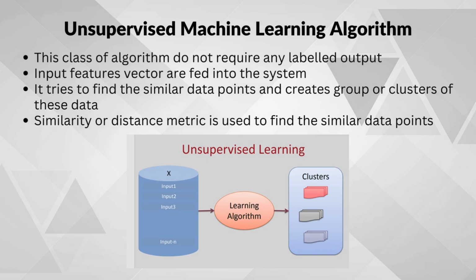The main objective of these unsupervised algorithm is to find similar patterns that exist amongst the data set and group them into the clusters. One very simple methodology to check this similarity is to find the distance between the data, and that distance is calculated using distance metric.